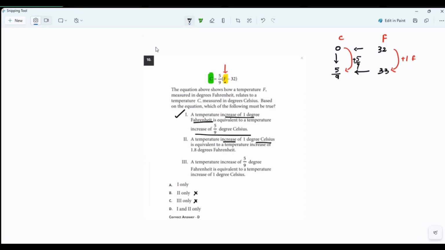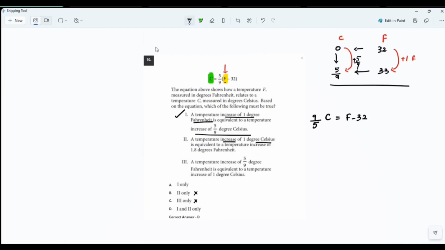So first I'm going to multiply by 9/5 on both sides. I'm going to multiply by the reciprocal of the fraction on the right side. So when I multiply by the 9/5 on both sides, this fraction and the 9/5 cancel each other out. Or what you do, multiply by 9, divide by 5 on both sides to get rid of the 5/9.